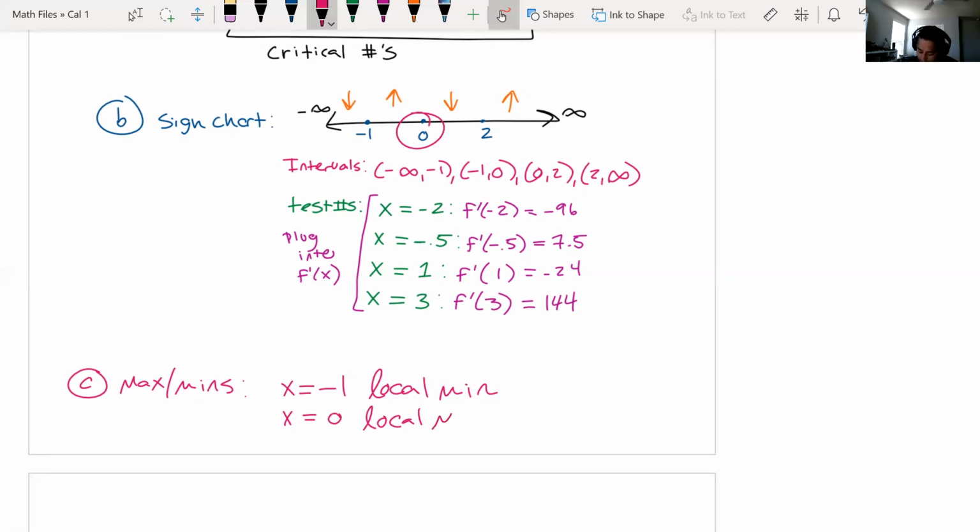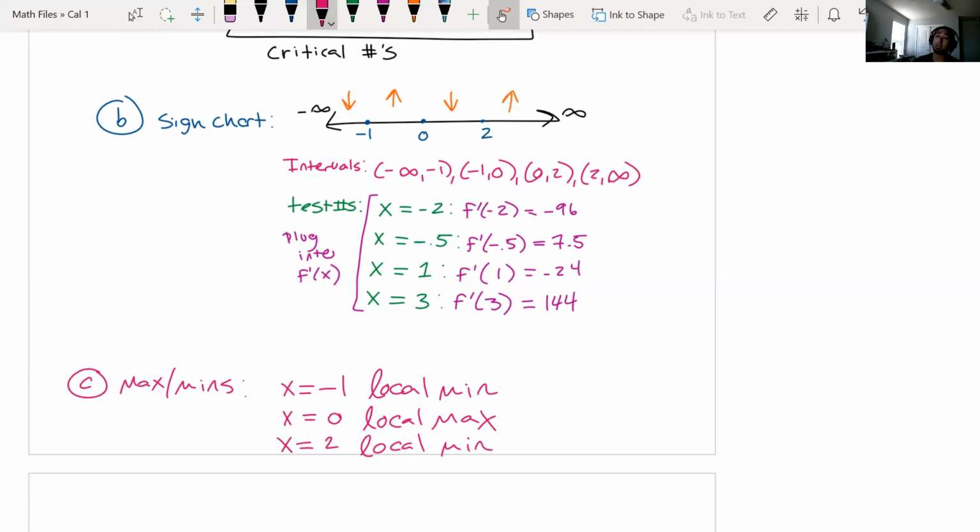Maximum. And then the very last critical number to look at is 2. At 2, we decrease and then increase. So this means that 2 will also be a what? Local minimum. Okay.